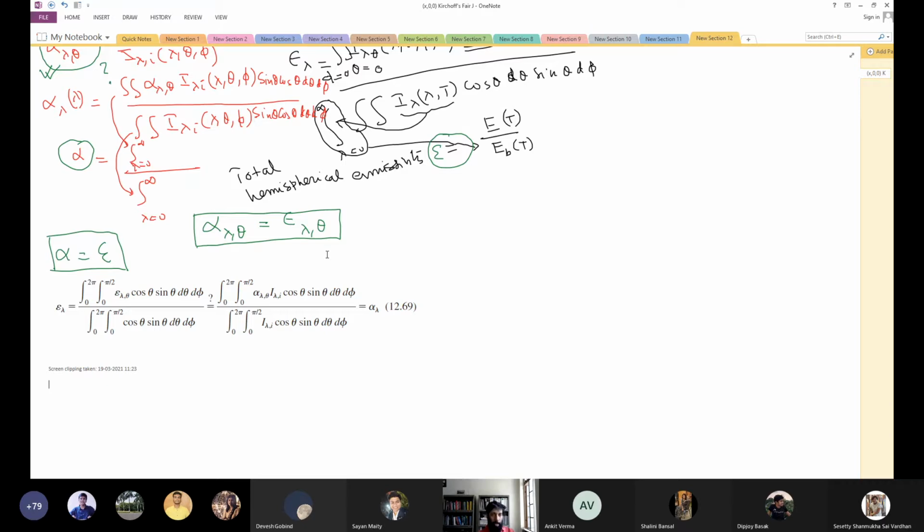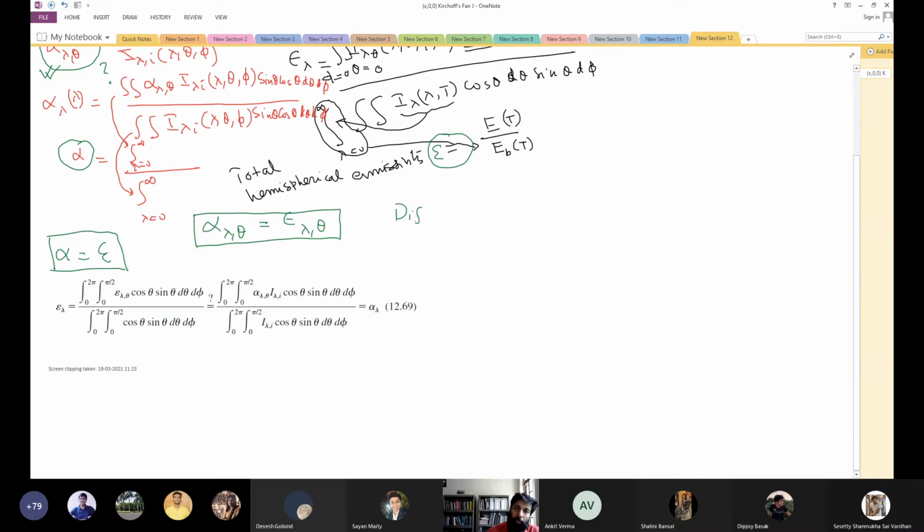So that is one of the ways that we can say epsilon lambda equals alpha lambda, because there is no theta dependence. Whether you write theta or not doesn't matter. So that is called diffuse surfaces. Many engineering surfaces are approximately diffuse.